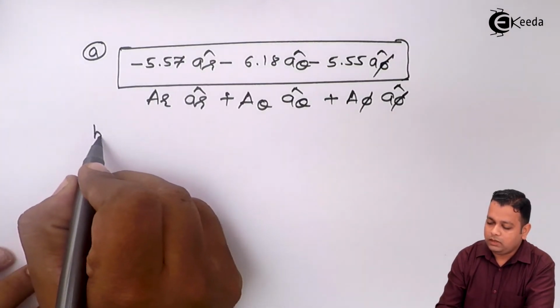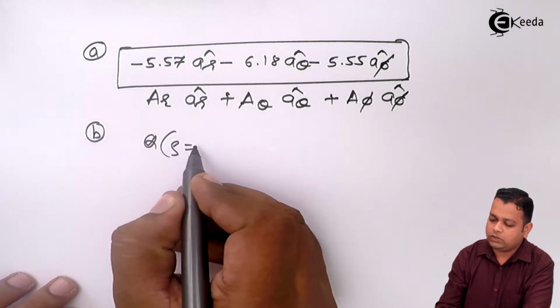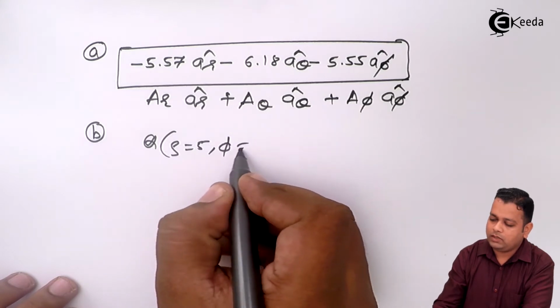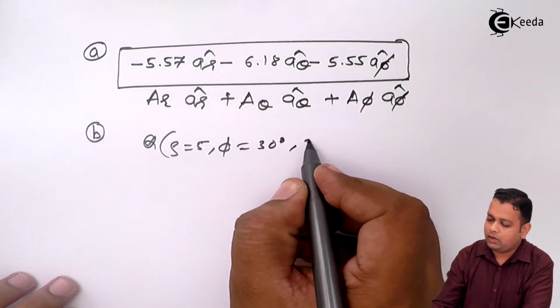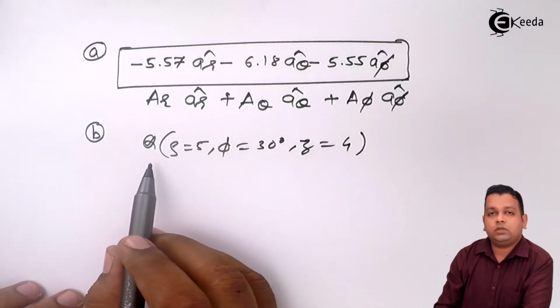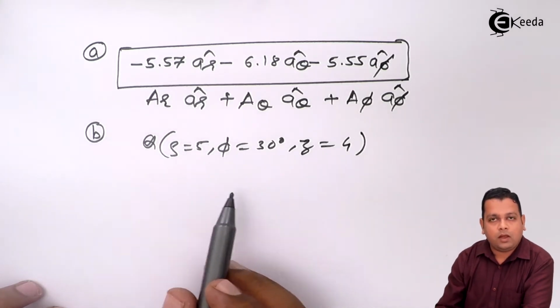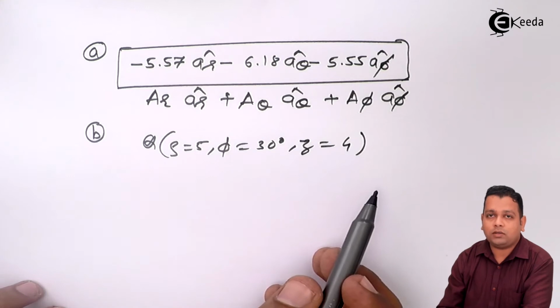So in part B, the point Q was given: rho is equal to 5, phi is equal to 30 degrees and z is equal to 4. By using the transformations, the simple method is to get rho phi z into xyz, and from xyz to r theta phi.